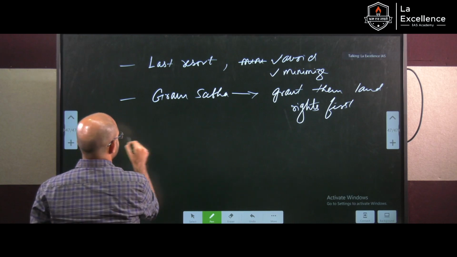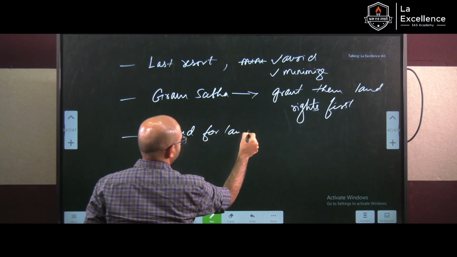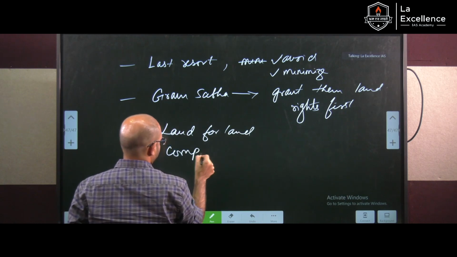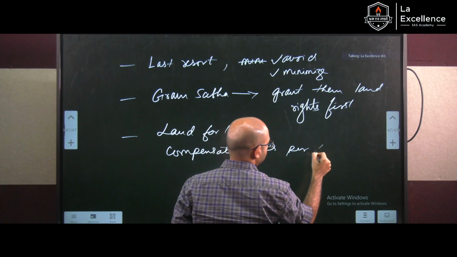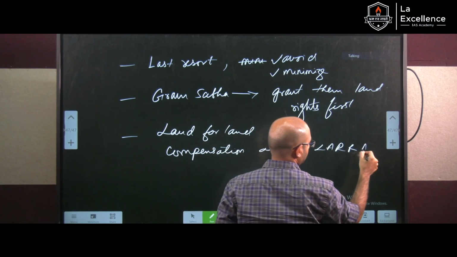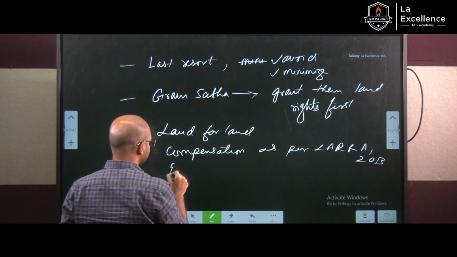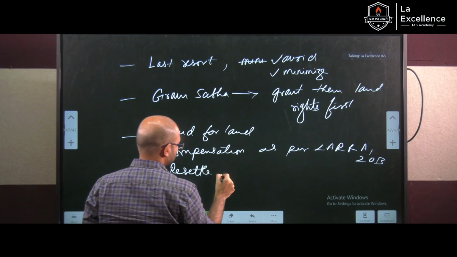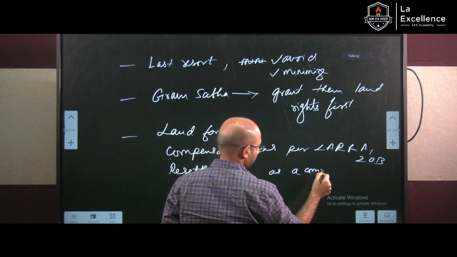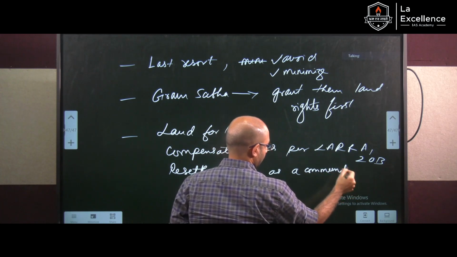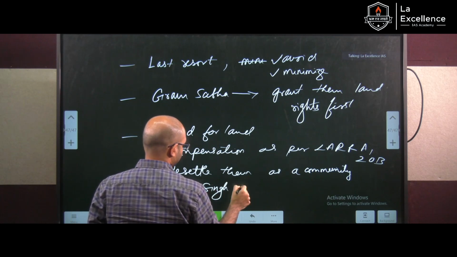And after that, if you still must do land acquisition, do it by giving land for land, compensation as per the Land Acquisition Act 2013, and resettle them as a community in the same place. And follow the T&C Singh formula, that is, don't just give them land and money and compensation, give them a job.